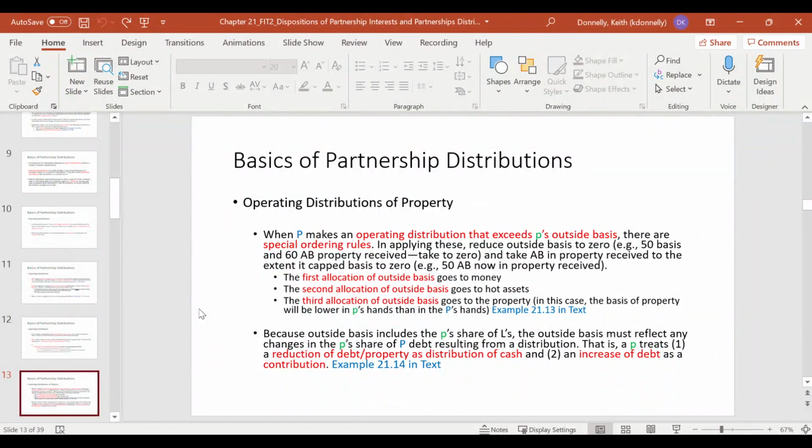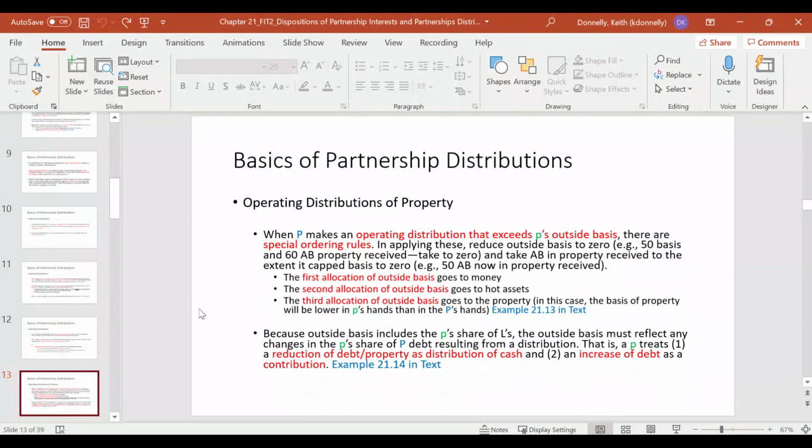And continuing here, when there's an operating distribution that exceeds the outside basis, again, there are special ordering rules. Basically, in applying these, you're going to reduce the outside basis to 0 and take an adjusted basis in the property received to the extent your basis was capped at 0.